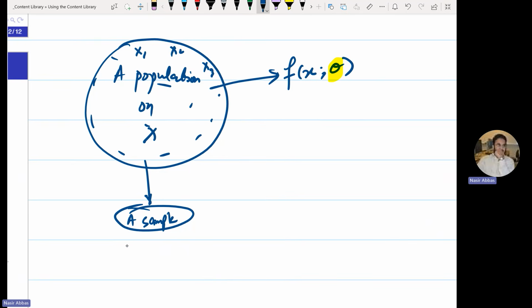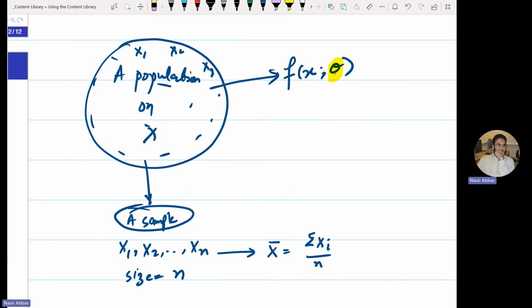And this sample will be n values. The size of this sample is small n. Then what do you do with this sample? Find the sample mean, correct? From this sample, you will find X bar, which is the sum of values divided by the number of values.